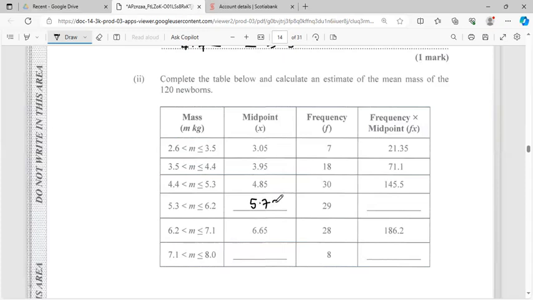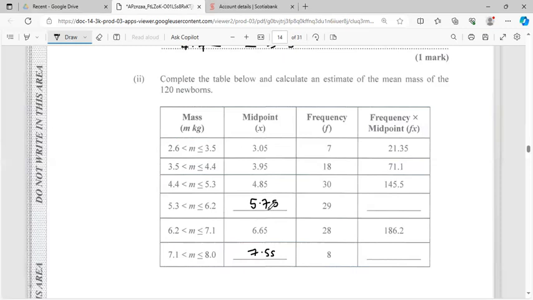Alright, so that's that. So this one would now work out to 7.55. See? 95, 85, 75, 65, 55. Now, how did they get this? This is the frequency times the midpoint. So we're going to multiply 29 by 5.75.